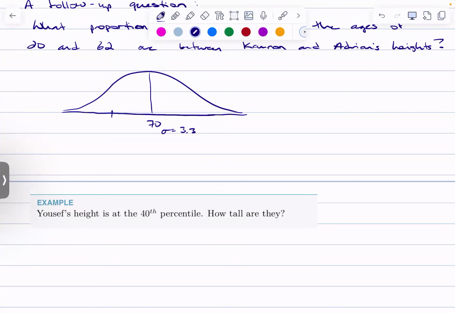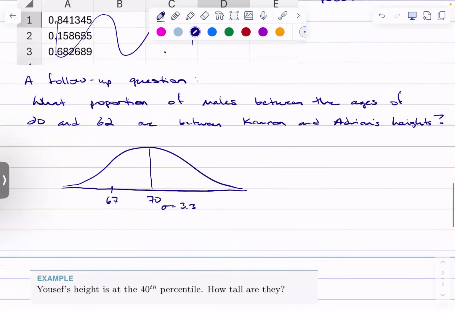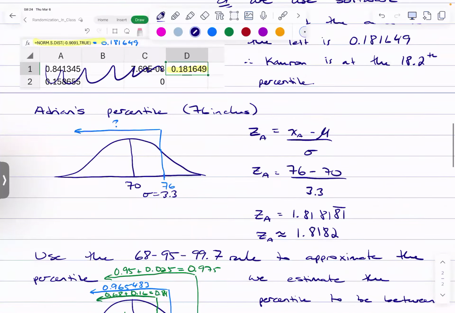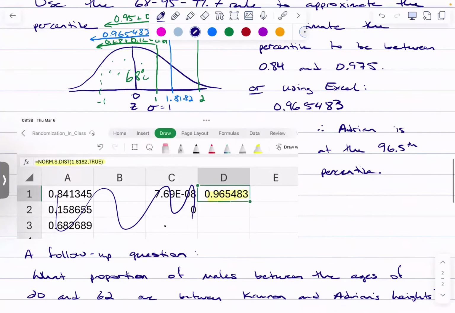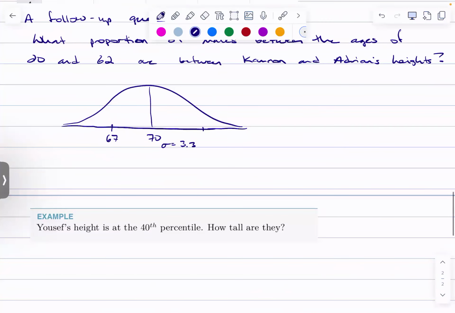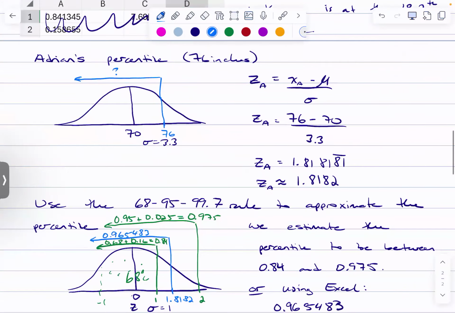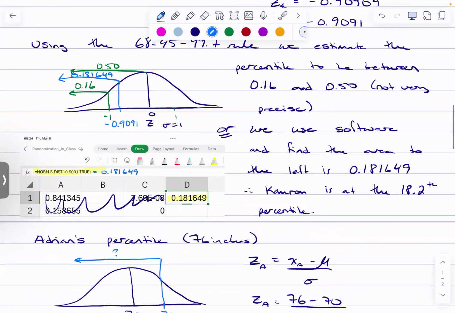And we had 67 and 76. We already found those areas, right? In fact, we use software to find the exact areas. We found that this area was 0.18 something.